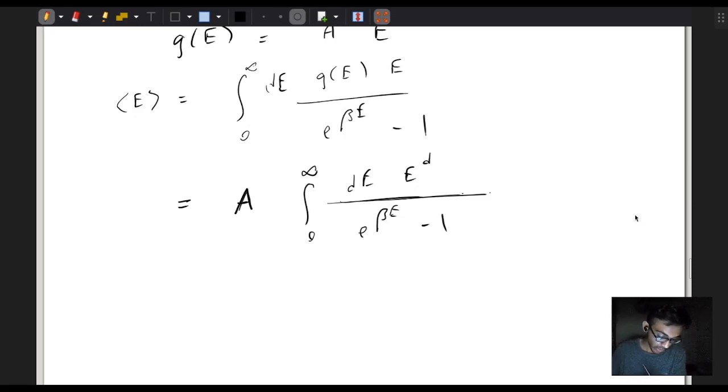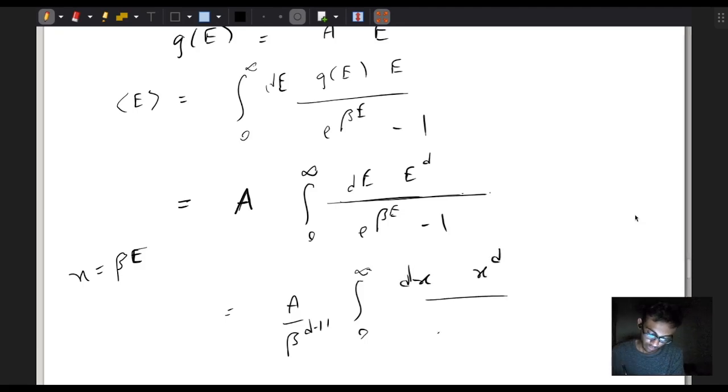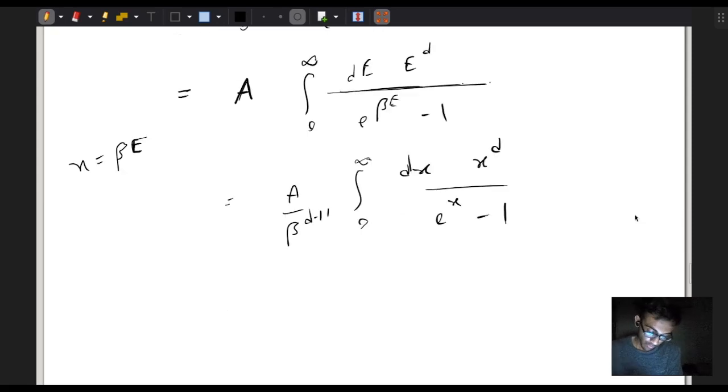So we can extract the temperature dependence by making this change of variable, so that this becomes, and this integral is nothing but Riemann zeta of d plus 1 times gamma of d plus 1.